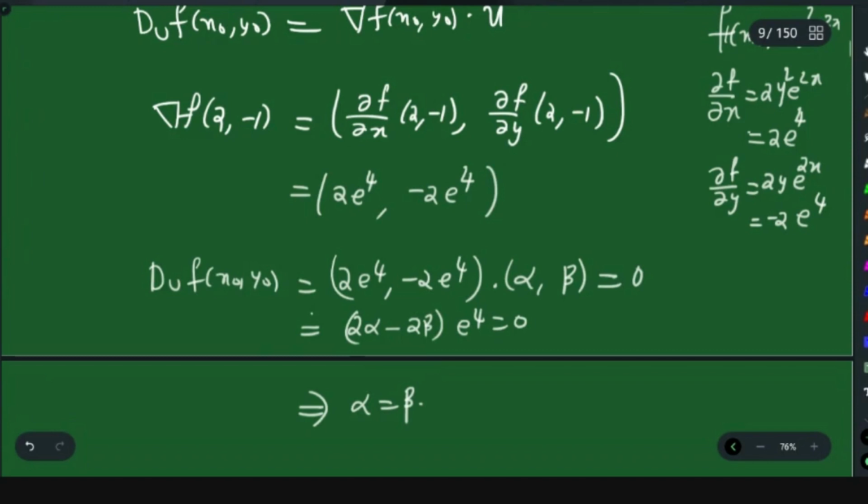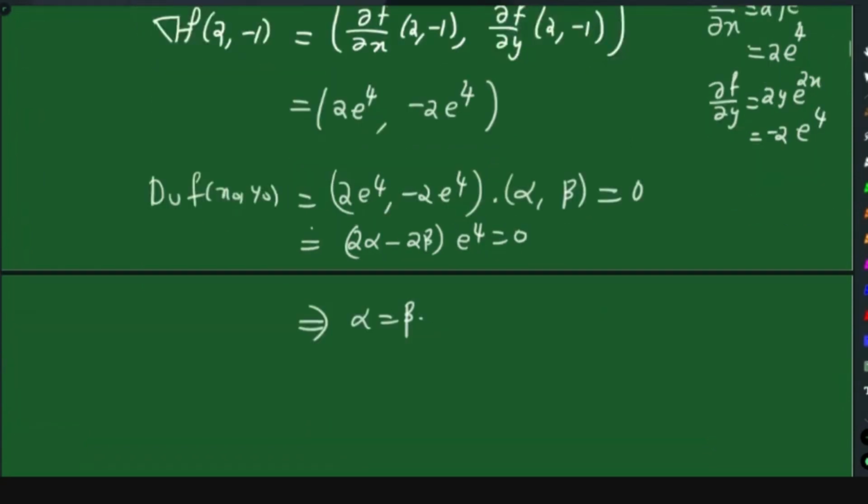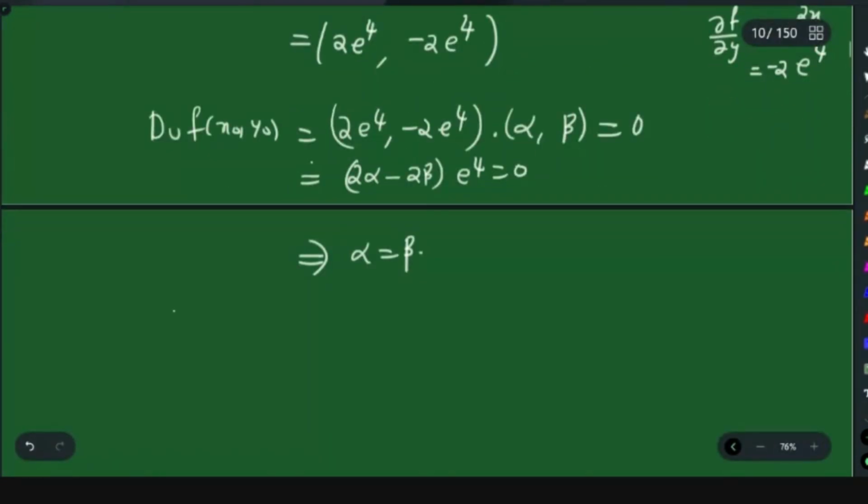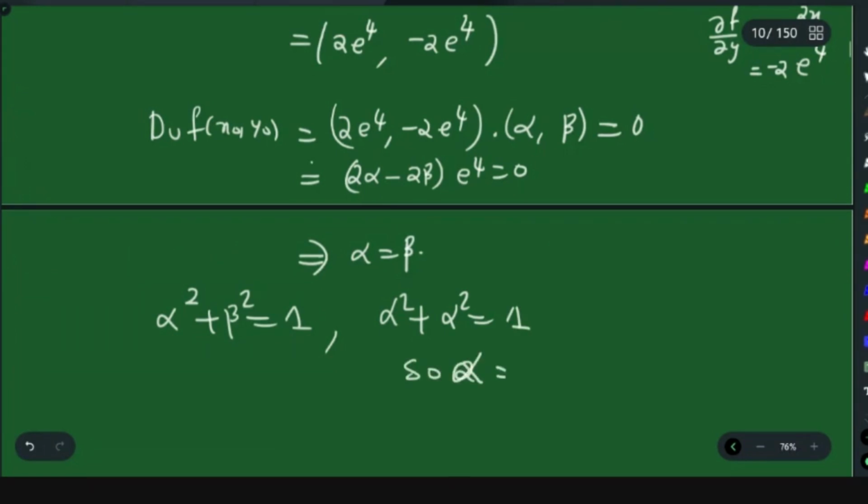So you have alpha is equal to beta, but (alpha, beta) is a unit vector. So what you know is alpha square plus beta square is 1, because it is a unit vector, right? Since alpha is equal to beta, alpha square plus alpha square is equal to 1. 2 alpha square is 1, so alpha square is 1 by 2, and alpha is plus or minus 1 by root 2.